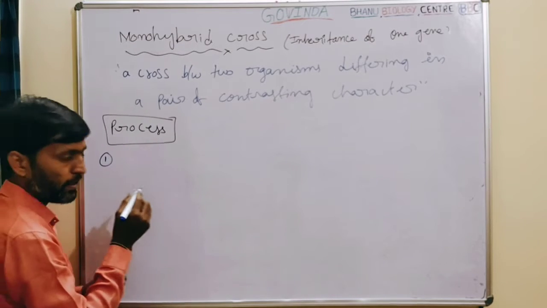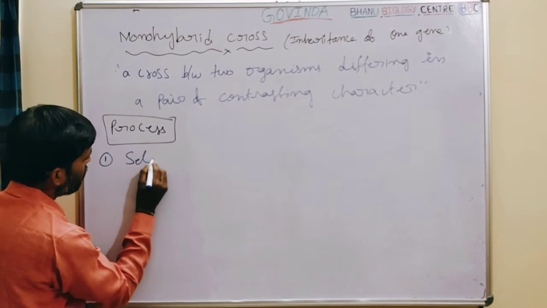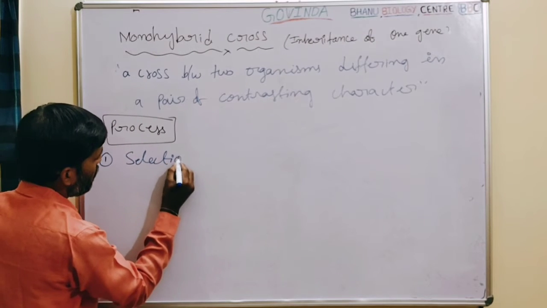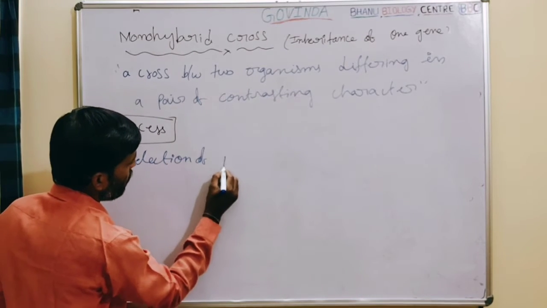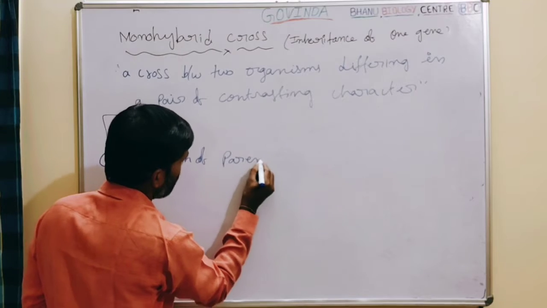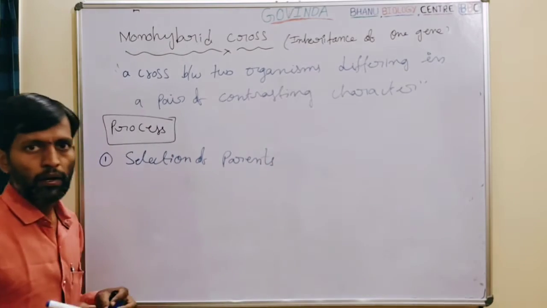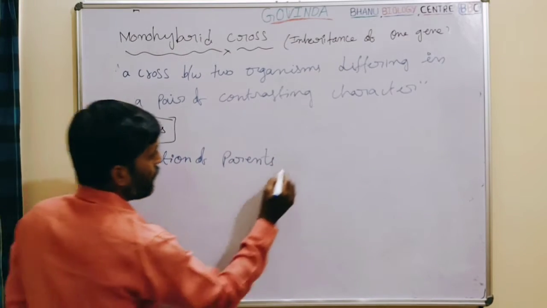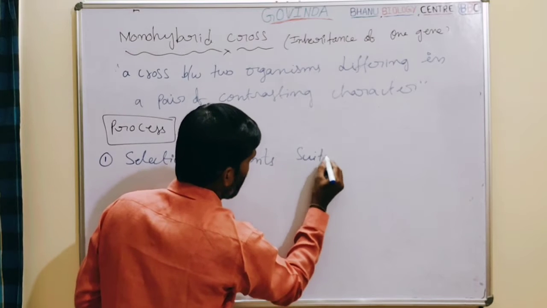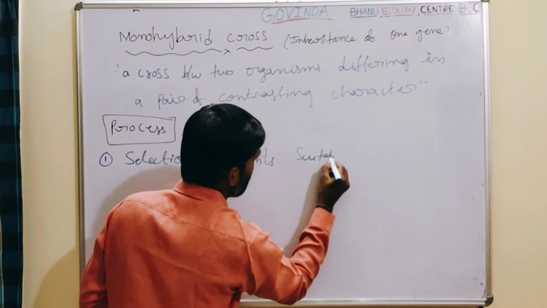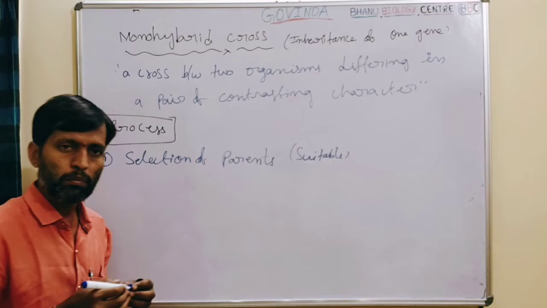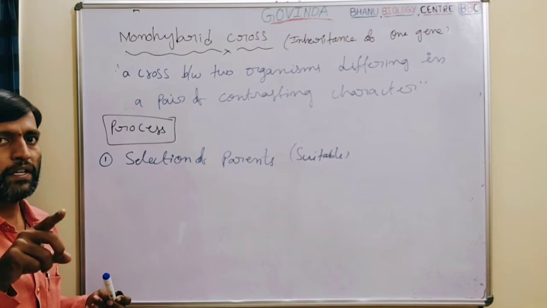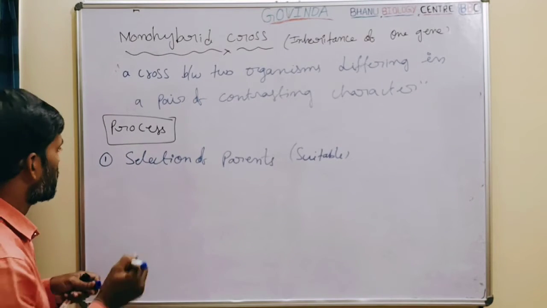The first one is selection of parents. They should always be suitable for the experiment, right? The suitable plant should be taken as parents for the experiment.